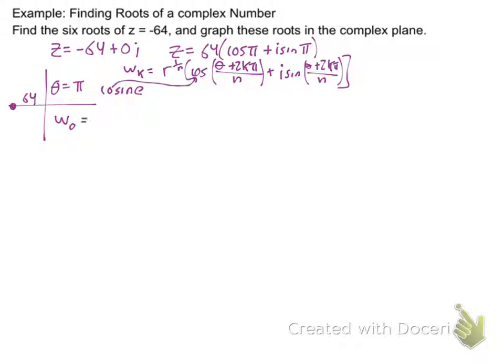0. To put 0 in, it's 64 to the 1/6 power times cosine of pi plus 2 times 0 times pi, all over 6, plus i sine pi over 6.